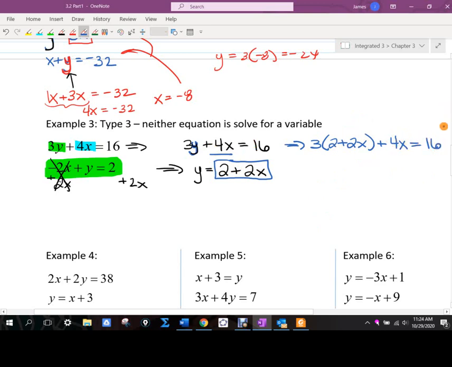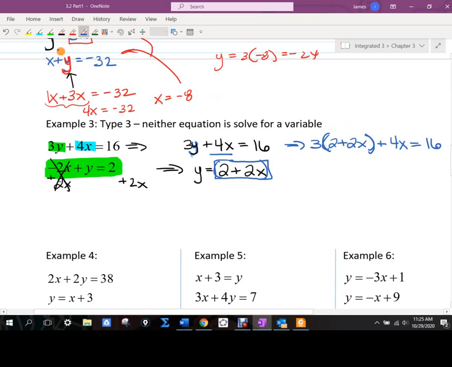The only thing that we have to be aware of is that now when I'm substituting that, it's two things I'm putting in there for y, 2 plus 2x. So whenever you make a substitution, and I do this even if it's just one thing usually, always substitute with parentheses. So 2 plus 2x, I'm going to put that in parentheses, like right here. And then when I substitute that right here, I'm going to keep those parentheses.